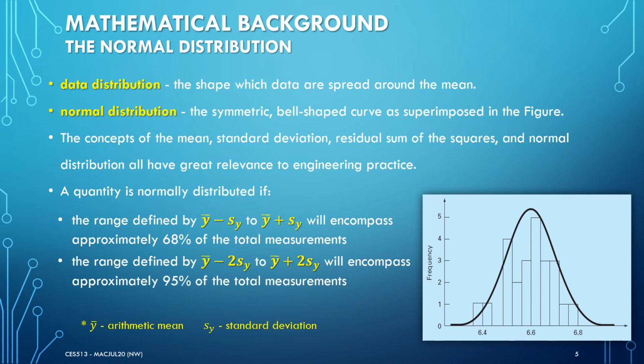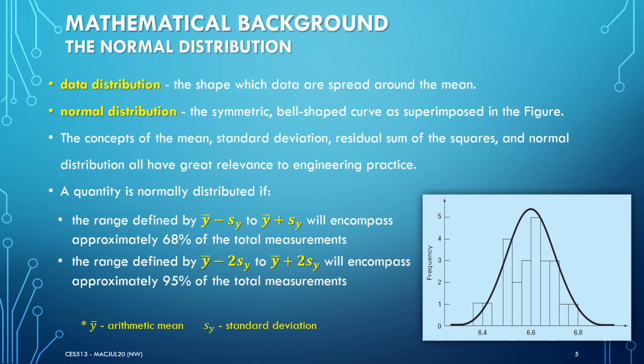Alright, the concepts of mean, standard deviation, and residual sum of the squares, and also normal distribution, all have great relevance to engineering practice. A very simple example is their use to quantify the confidence that can be ascribed to a particular measurement.